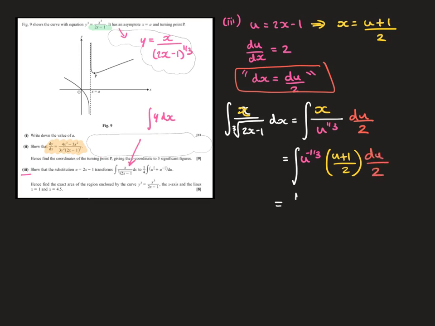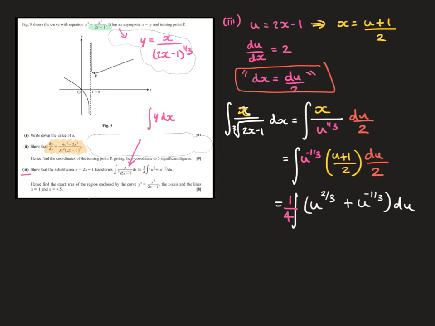So let's pull out all the numerical constants here, so we get a factor of a quarter, and then let's multiply out the bracket effectively, so that means we get u to the power of 2/3 plus u to the power of negative a third, and that's what we're required to get to.